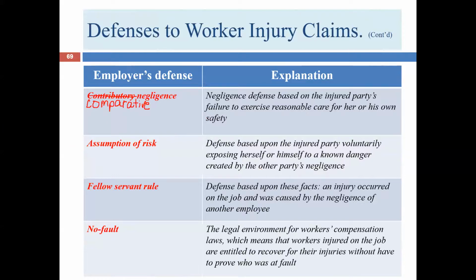Assumption of risk is for the most part subsumed under the comparative negligence standard. I'm not quite sure what the status of the fellow servant rule is. My guess is that that's really no longer functioning because of the idea of the agency principle here. But comparative negligence is a pretty strong tool that the employer has because in many cases, certainly not all, but in many cases, the employee in some sense contributed to his or her own injury.